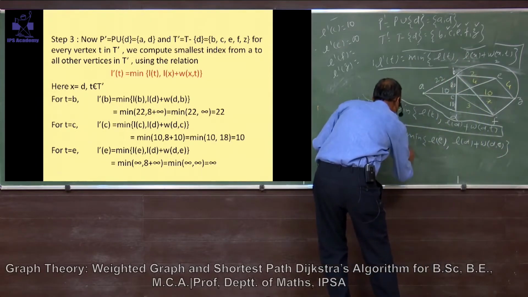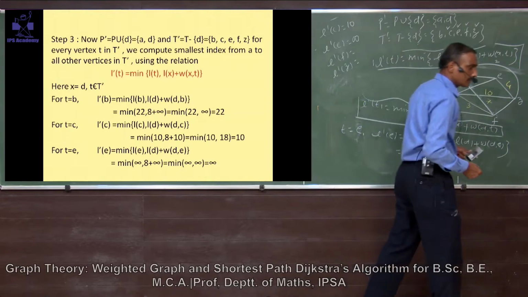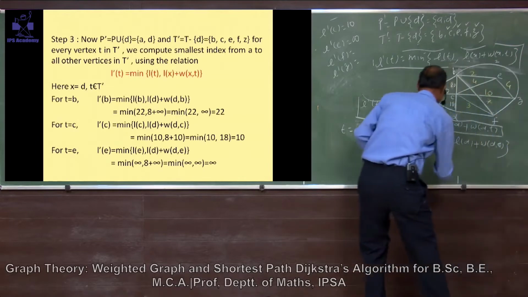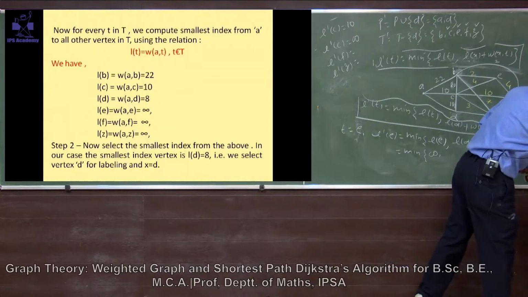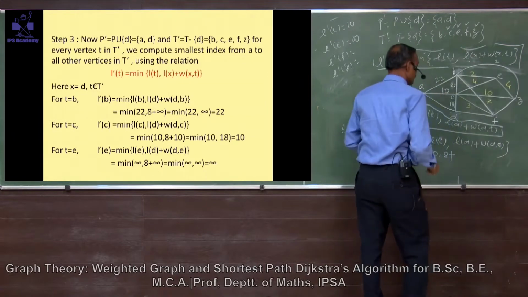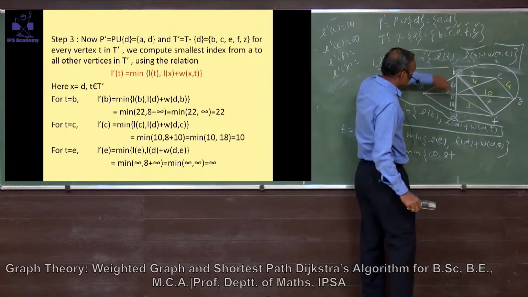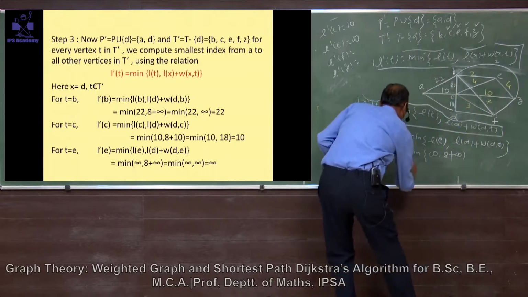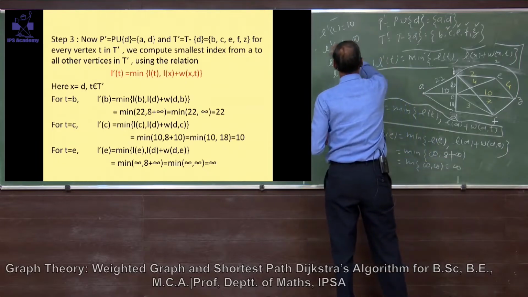In the previous slide, L of E is infinity, and L of D is 8. Plus W of D, comma E. D and E are not directly connected, not adjacent to each other, so we put infinity here. So the minimum of infinity, comma infinity, we get infinity. So L dash E is also infinity.